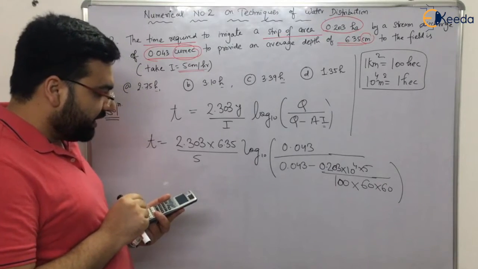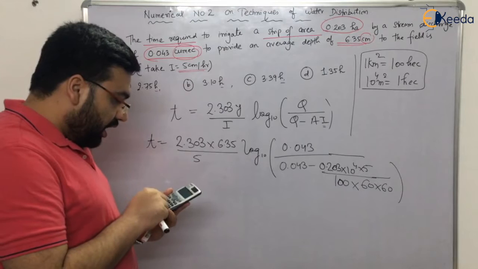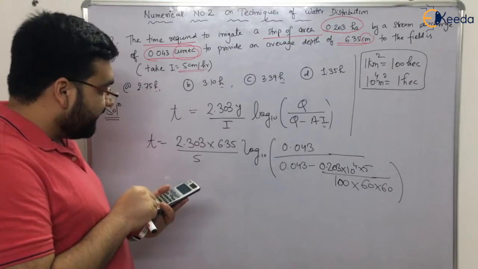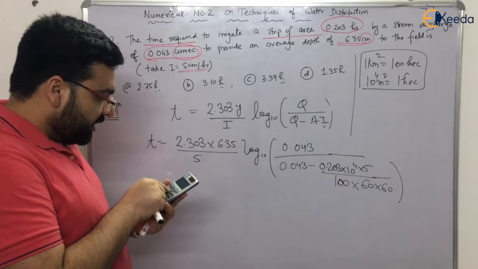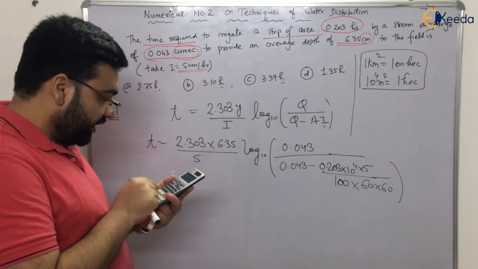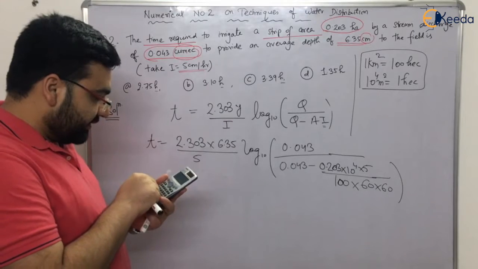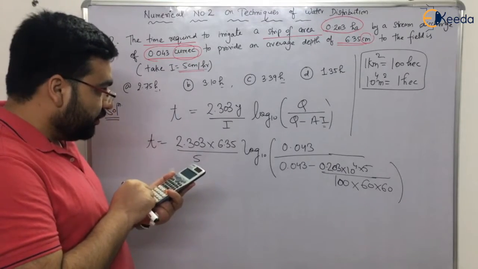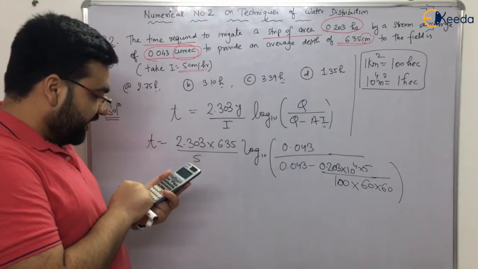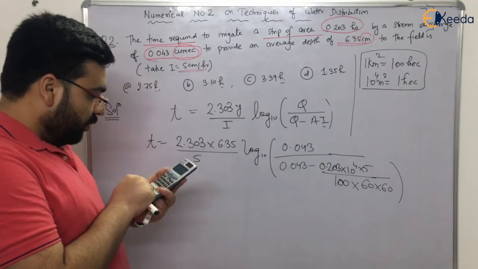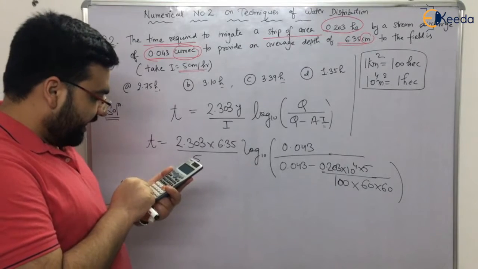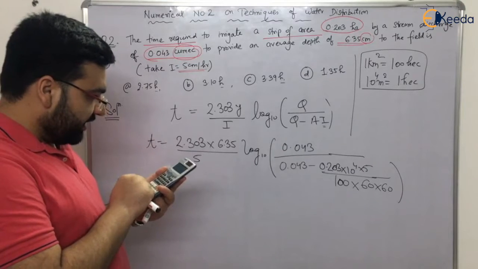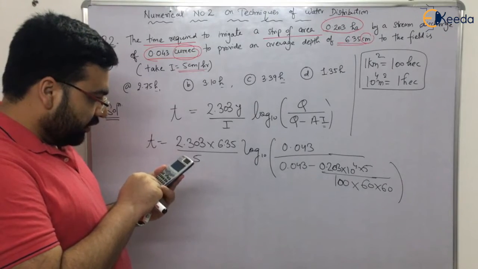It comes out to be 2.9241 into log of a fraction: 0.043 divided by 0.043 minus 0.203 into 5 into 10 raised to the power 4, divided by 100 into 3600, and then the closed bracket.